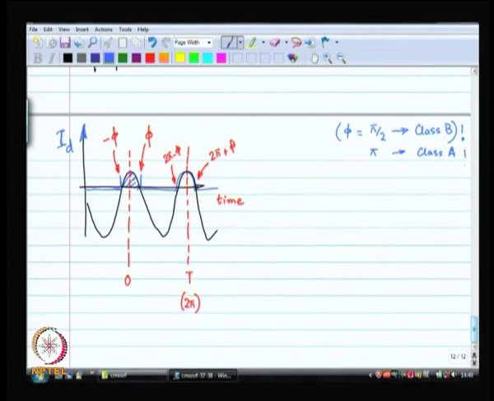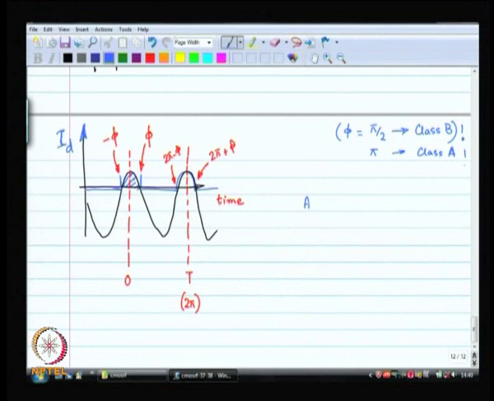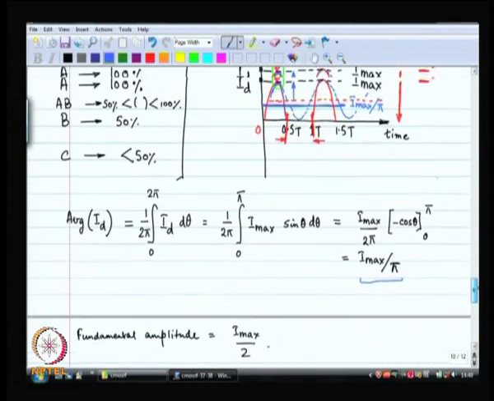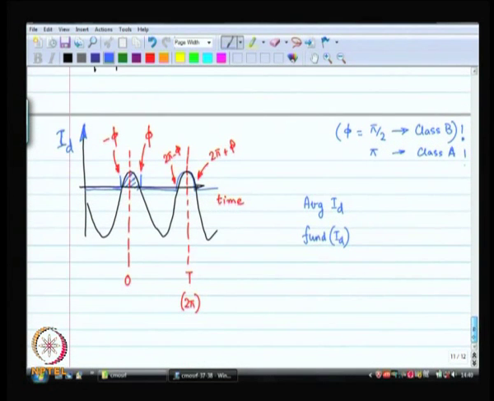So, here first of all I need to find out the average current. This is something that I need to find out, and the other thing that I need to find out is what is the fundamental component of ID. Okay, because this fundamental component is what is going to get delivered to the load, right. These are the two things that I need to figure out.